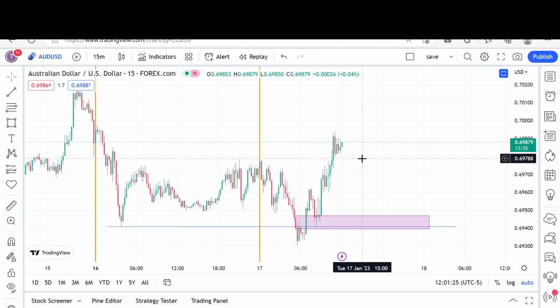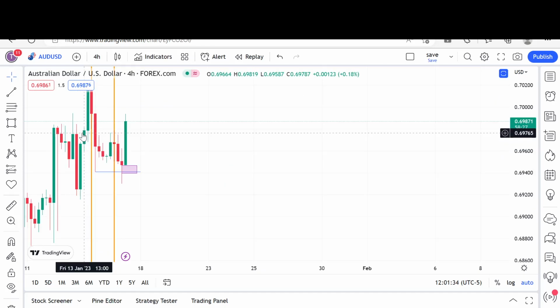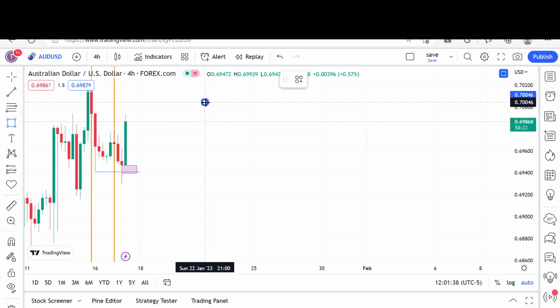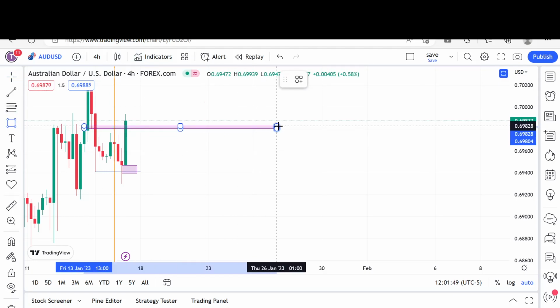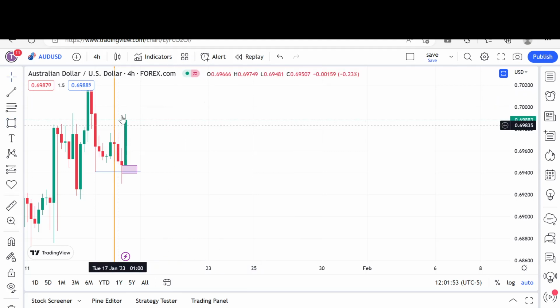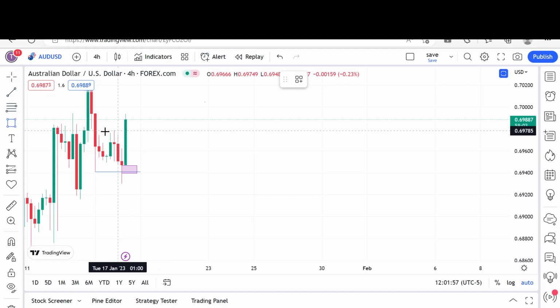Okay, so what was my PT? Oh, and also one more thing, I forgot to mark it, because you might be wondering about that imbalance. Wait, let me get that off the chart real quick. See this? That 4-hour imbalance wasn't completely closed in. That's what I had marked. Let me remove this real quick as well, so we can see it a little bit cleaner.